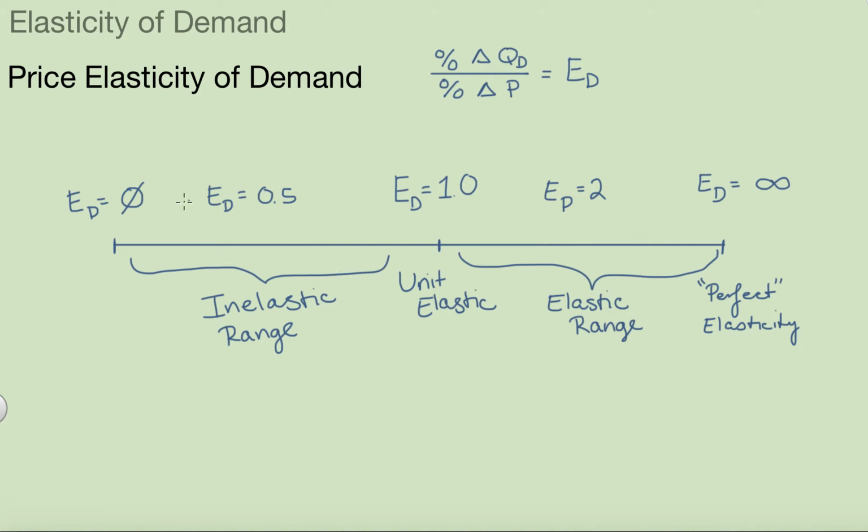Over here at this far extreme, this idea of perfect inelasticity, if a good or service is perfectly inelastic, even if the change in price increases very significantly, your change in quantity demanded is exactly 0.